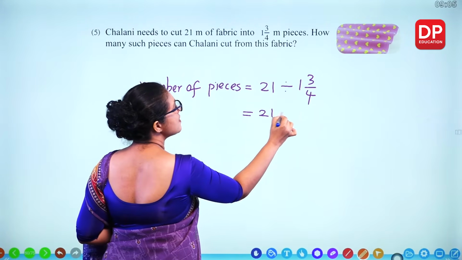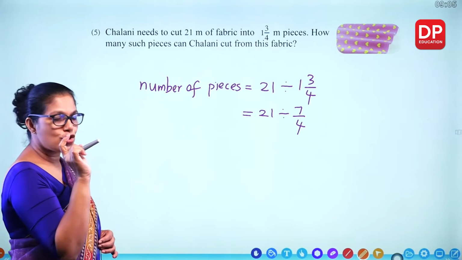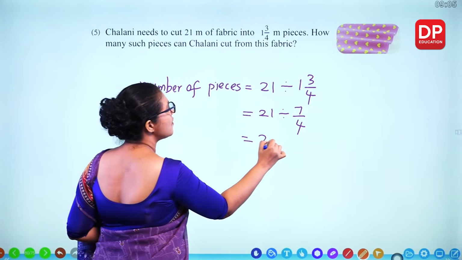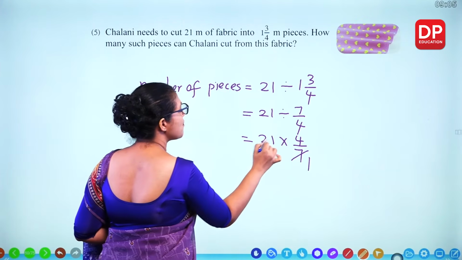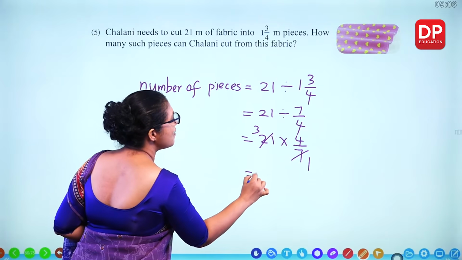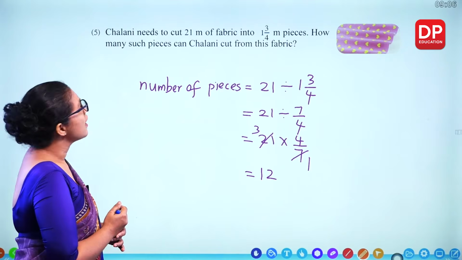So this means divide by 7/4 as an improper fraction. Now convert to multiplication by its reciprocal. 7 times 1, and this is 3. 3 times 4, 12 pieces she can cut.